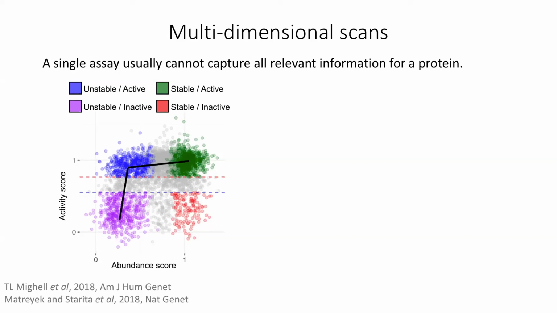For example, I think a large number of the unstable and active variants, which are colored in blue in that top left, were likely just reflections of the dynamic ranges of the two assays, where the abundance assay was best at quantitating destabilization from the wild-type sequence, whereas the activity assay was more quantitative when trying to look at even just any activity-based phosphatase activity rather than a dead enzyme.